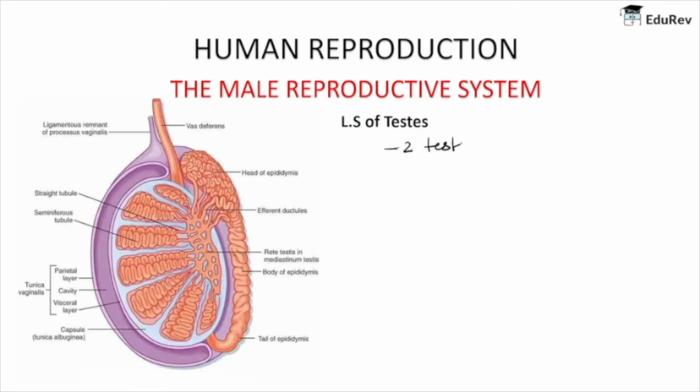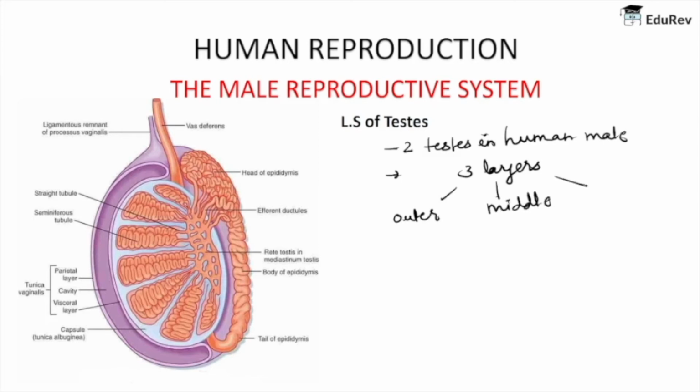If we look at its internal structure, we will first start with decoding its three layers, which are divided as the outer layer, the middle layer, and the inner layer.